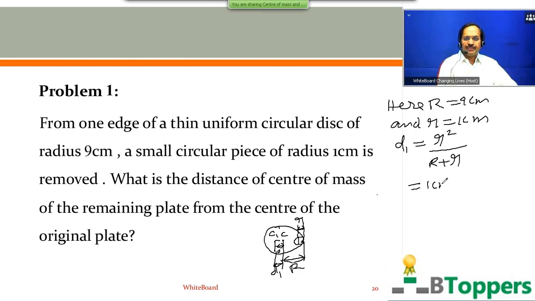Here small r is 1 centimeter. Capital R plus small r will be 9 plus 1 centimeter. So you get the answer as 0.1 centimeter. That's the answer.